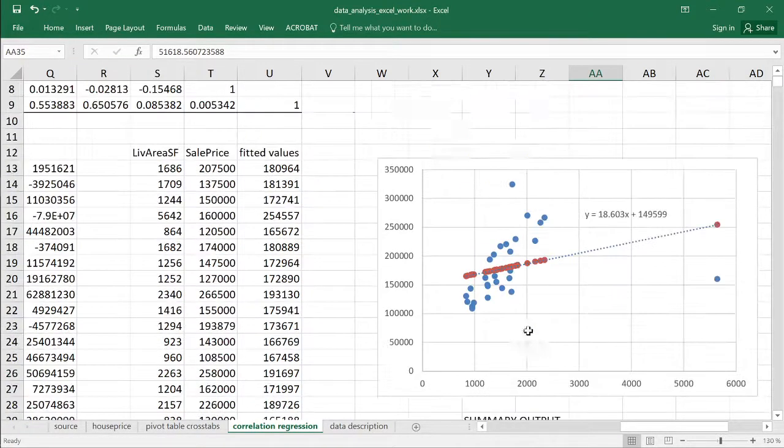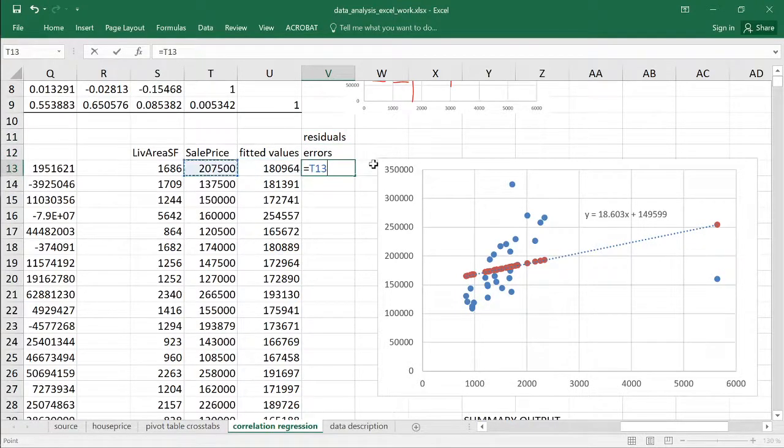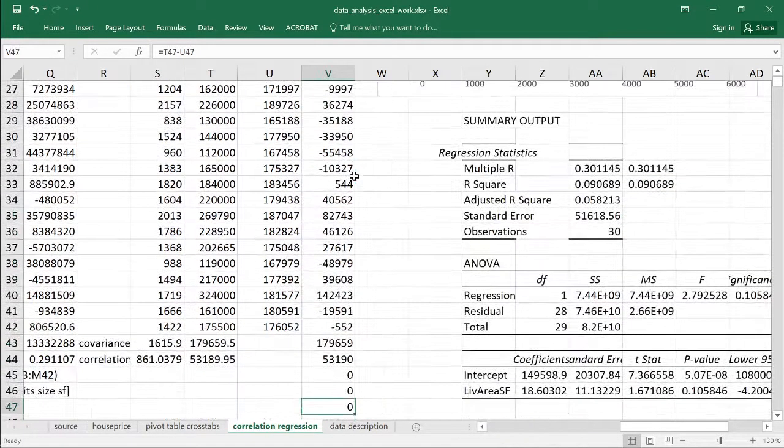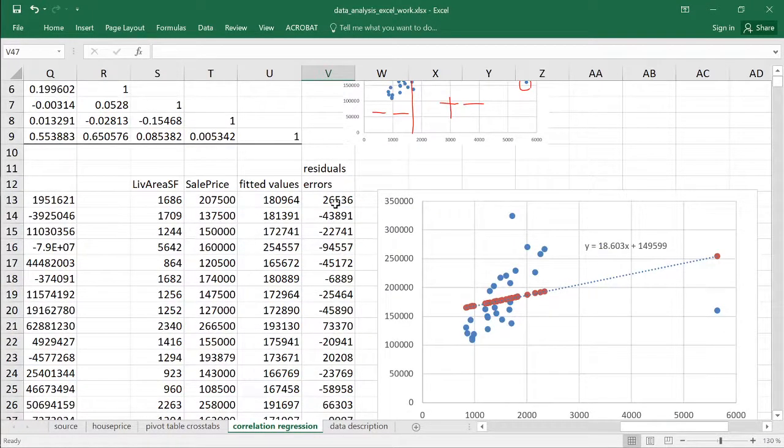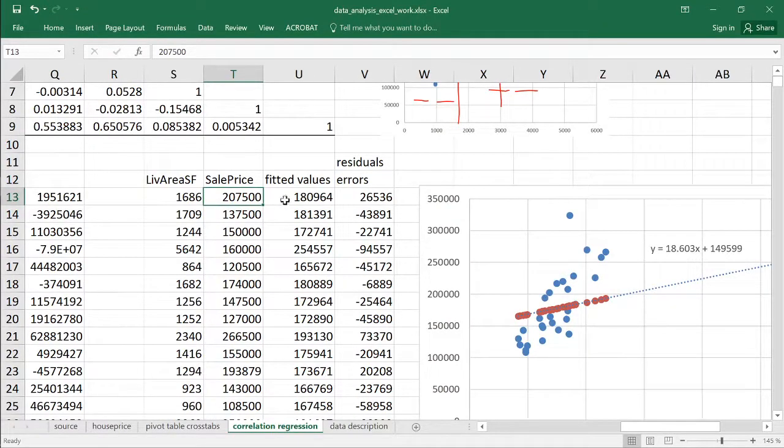And for that purpose, I compute what is called the errors, or also called residuals, which is simply the deviation between the observed sales price and the fitted values. Just to remind you, both the sales price and the fitted values are measured in dollars, so also the errors are measured in dollars. So in other words, we see now for each and every house whether or not the actually observed price is above or below the fitted value.